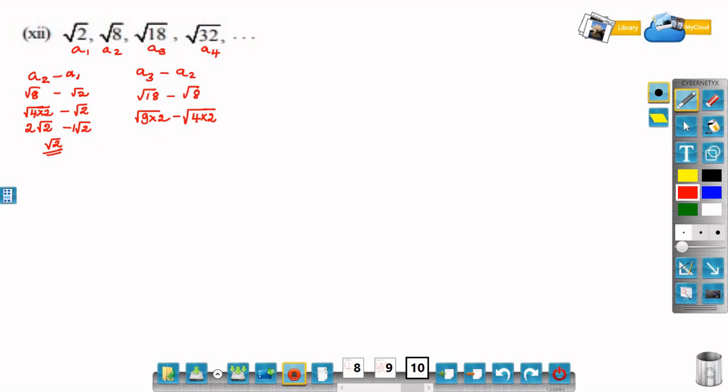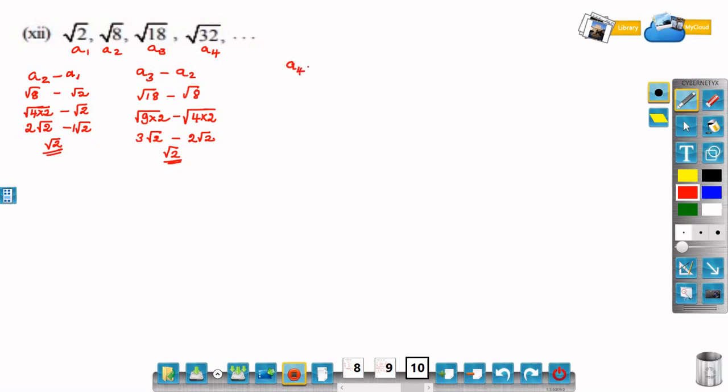If the number inside the square root can be written as the product of a square number, then we have to simplify it. 18 can be written as 9 into 2, because 9 is a square number. Root 9 is 3. Then remaining is root 2. Square root of 4 into 2, square root of 4 is 2 root 2. 3 root 2 minus 2 root 2. Subtract the coefficients. 3 minus 2, 1 root 2.